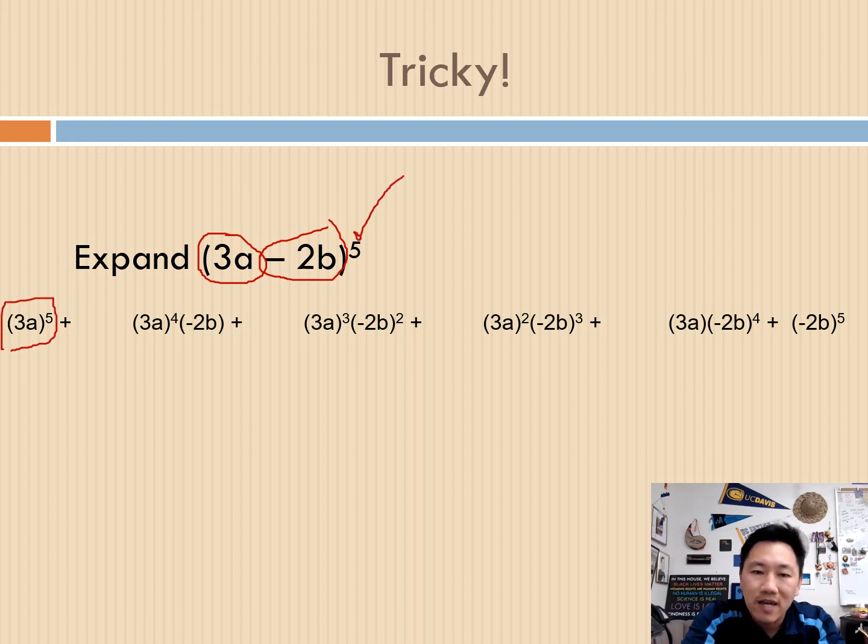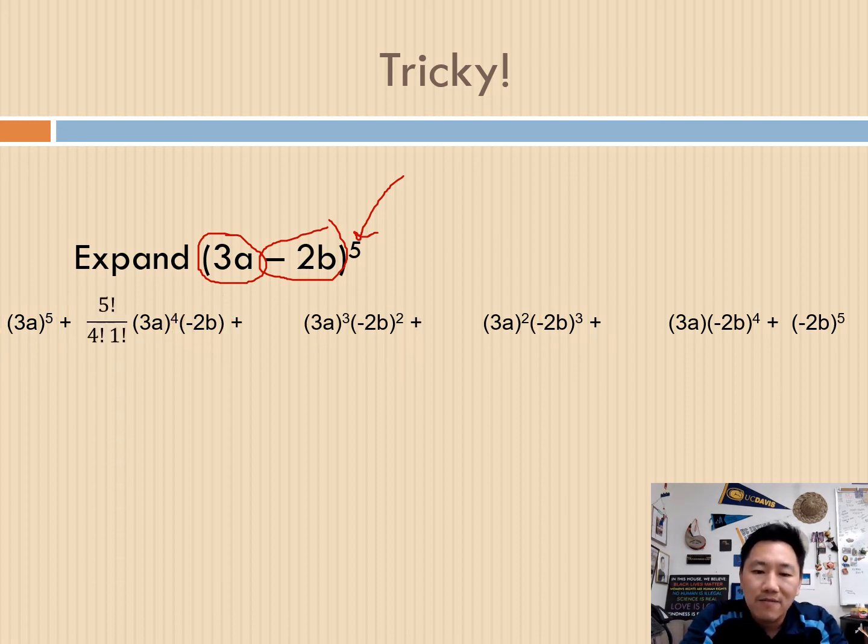That's for that. And then 3a to the 4th, 3a to the 3rd, 3a squared, and so on. And then the negative 2b. There's no negative 2b here. Then you have negative 2b, negative 2b squared, negative 2b to the third. So same pattern. Now let's go ahead and fill in the blanks that we have saved up for them.